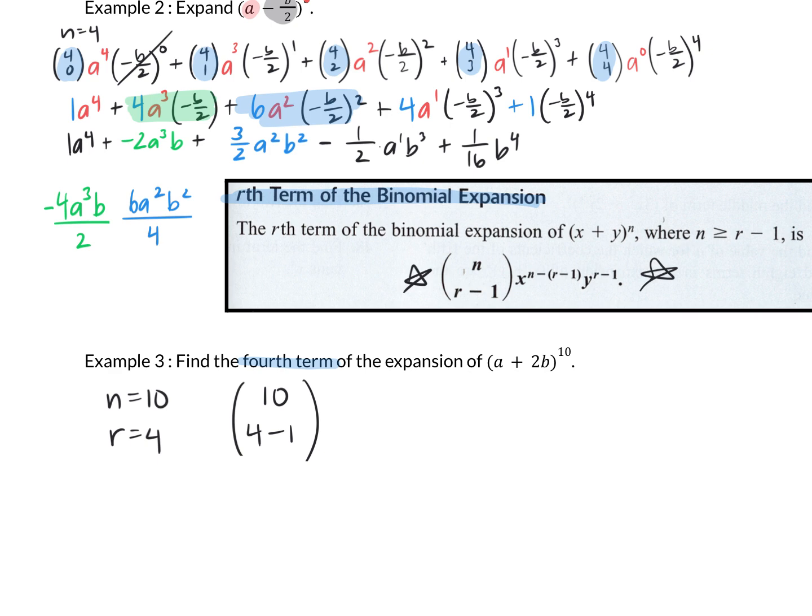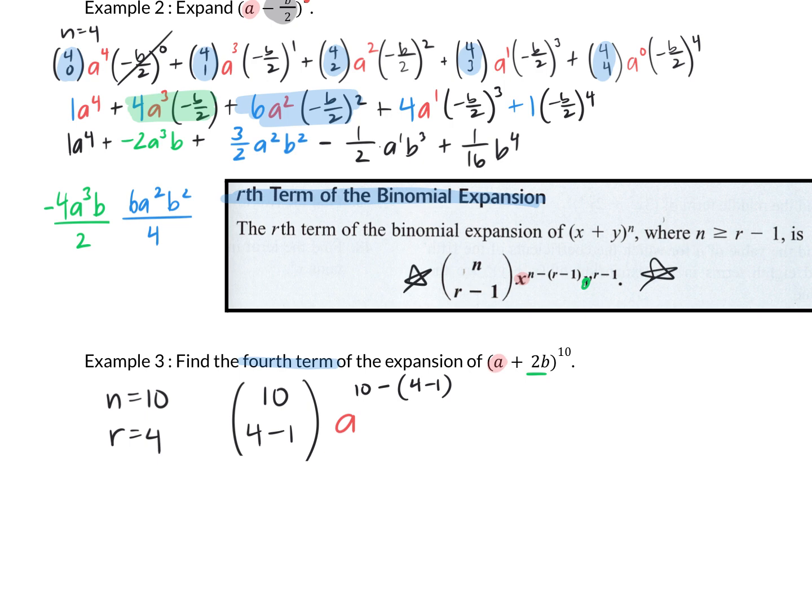Then I've got x. What is my x in this example? My x is a. Okay, so it's going to be a to the n, which is 10, minus parentheses r minus 1. So 4 minus 1. Just following that formula. And then what is my y in this case? 2b.